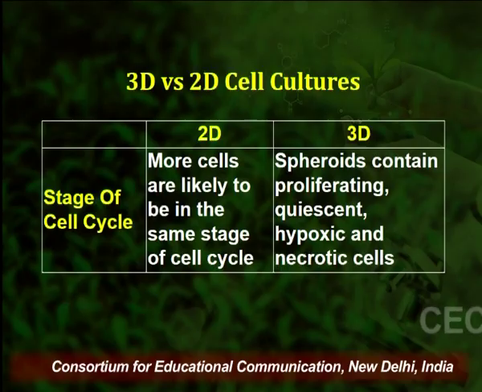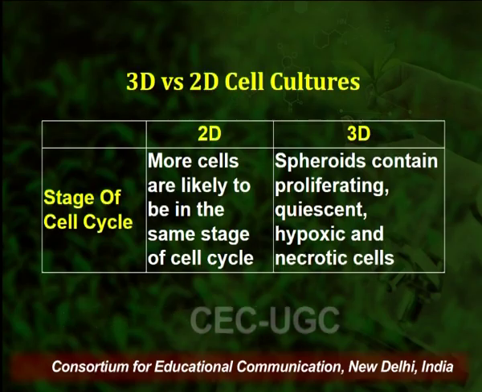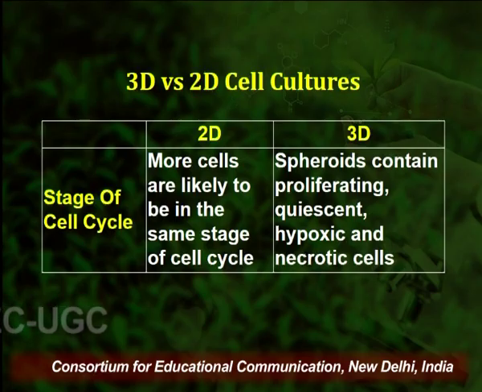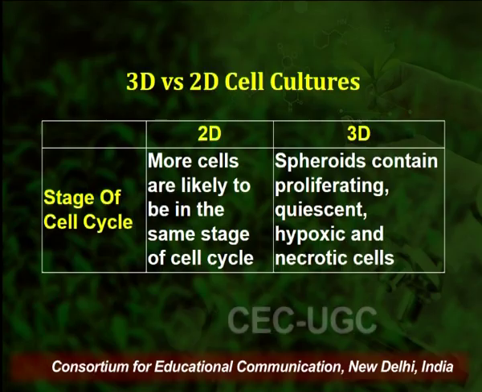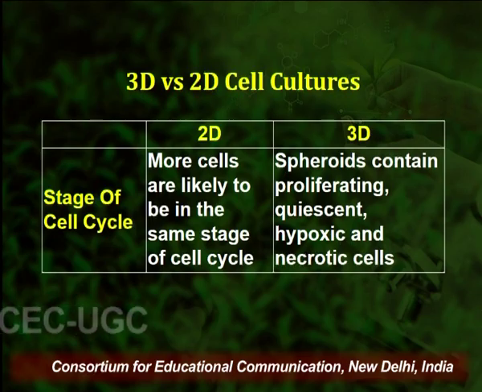Coming on to the difference on the basis of stage of cell cycle, in 2D cultures, most of the cells are likely to be in the same stage of cell cycle, whereas in 3-dimensional cell cultures, since there is a different rate of proliferation, there is a different ability of drug penetration to the cells.